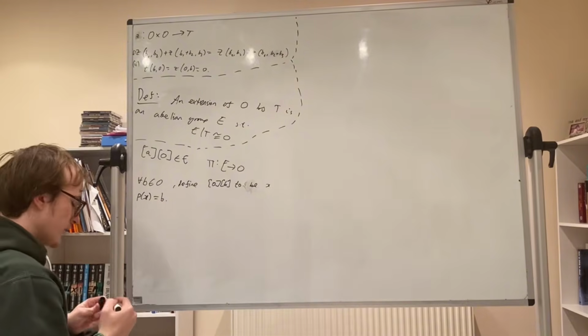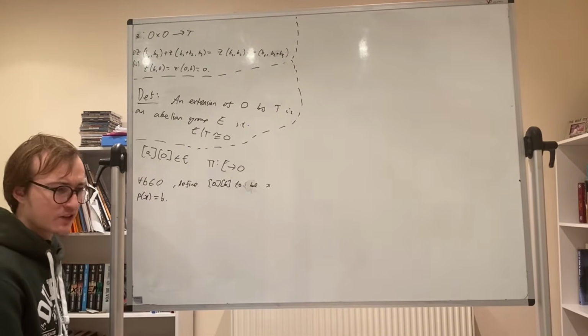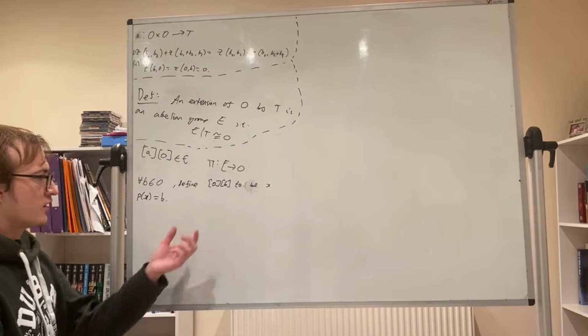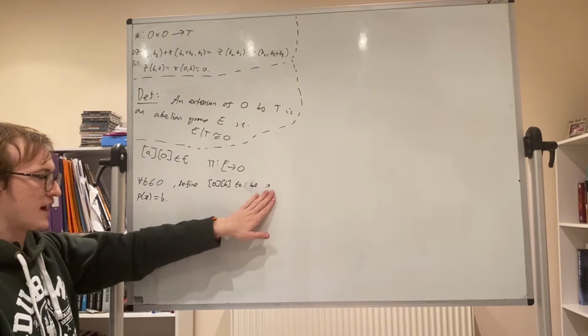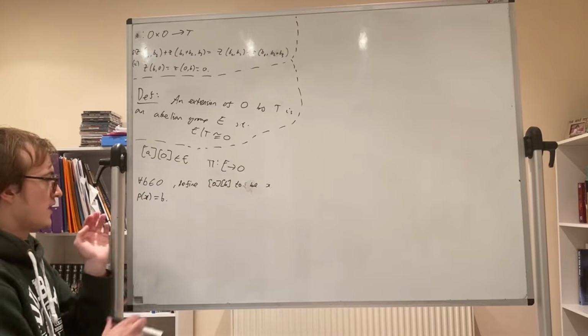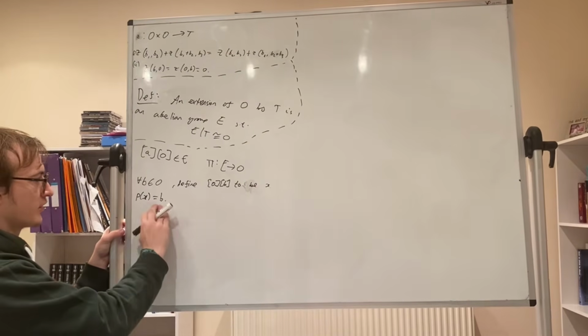So we just pick some x and call it 0b, and the reason we pick x is because p of x is b.